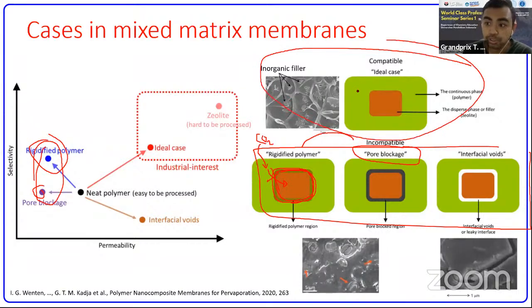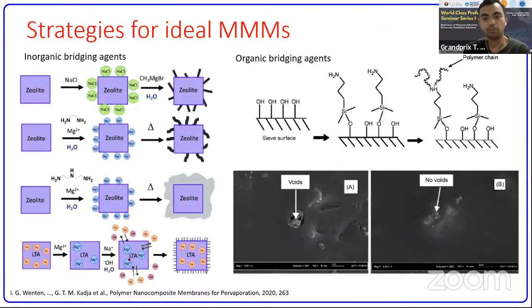So how do we obtain the ideal case? We have several strategies, at least two. We have to use bridging agents. What are bridging agents? The agents that facilitate the interaction between the polymer phase and the inorganic phase.